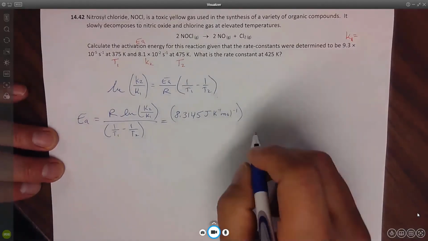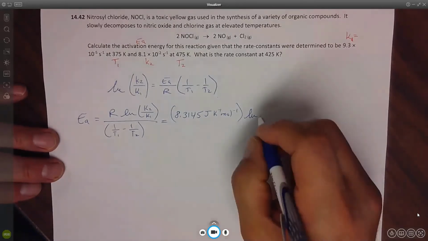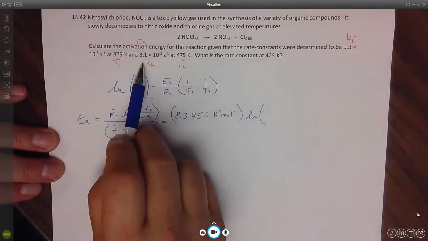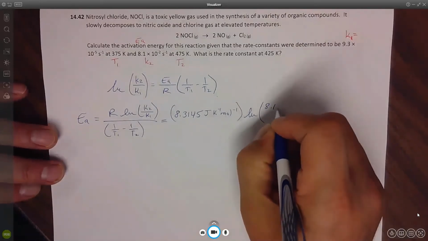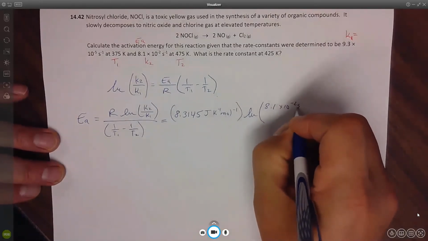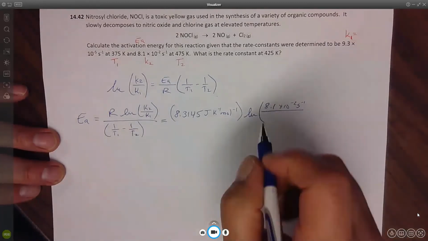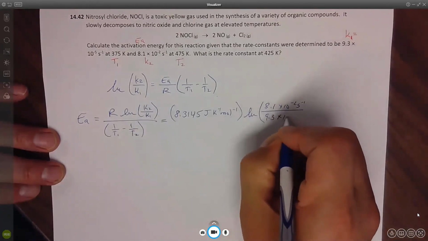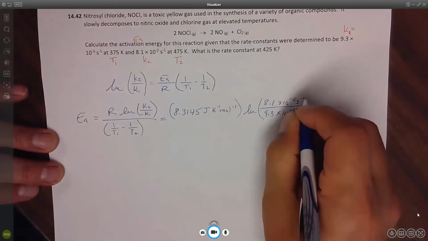I hope so. I hope so too. Okay, so then the ln of K2, well, we said K2 was this value, so that's 8.1 times 10 to the negative 2 per second, divided by K1, which is 6.3 times 10 to the negative 5 per second.